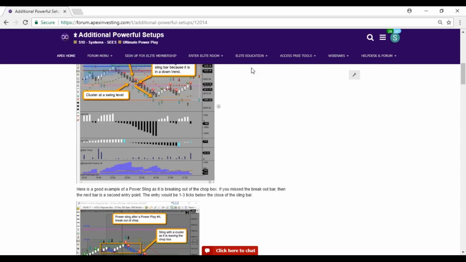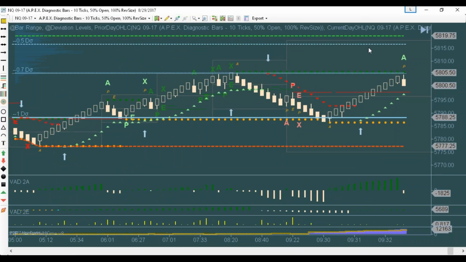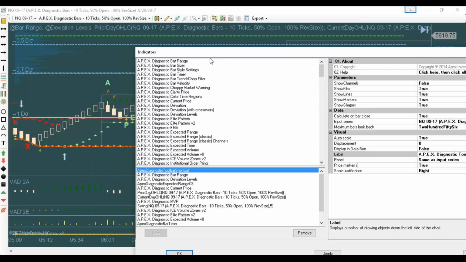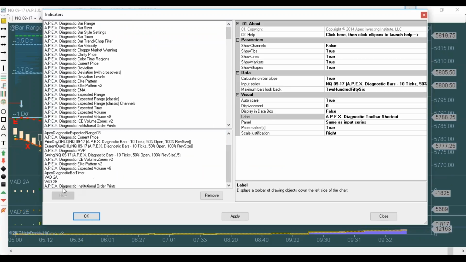So let's just take a look here. Douglas, you were using the C's OP template right here, right? Okay. All you got to do is right click on the chart, go to indicators. In the indicators over here, you'll find institutional order prints.